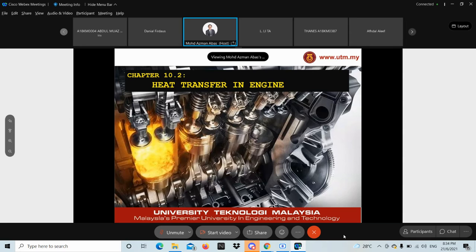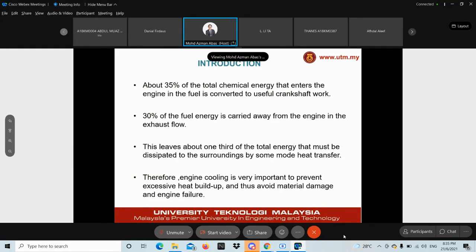Okay. Let's move on to subchapter number 2, which is heat transfer in the engine. Now you basically have an understanding of the cooling system. About 35% of the total chemical energy that enters the engine is converted to useful crankshaft work.